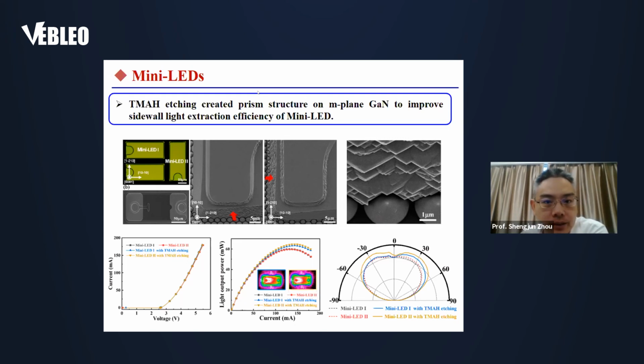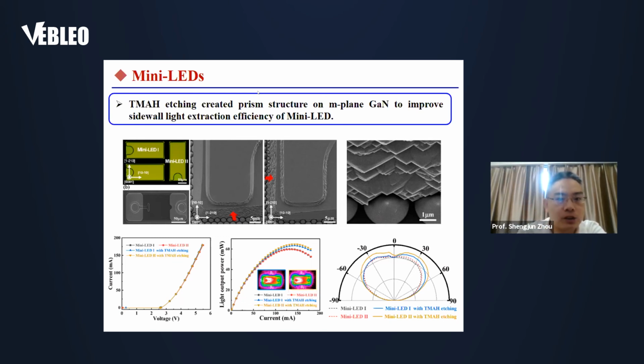Threading dislocation density in UV LED with sputtered aluminum nitride nucleation layer is much lower than that in UV LED with low temperature gallium nitride aluminum gallium nitride nucleation layer.